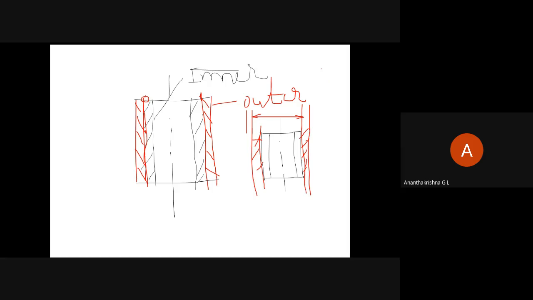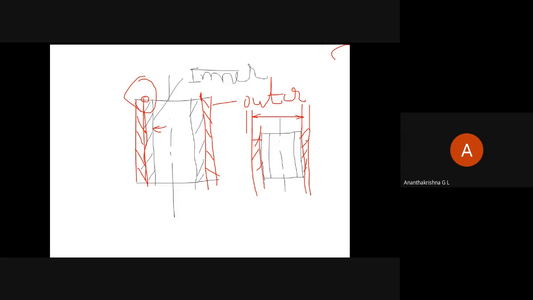In such a case, you will have stresses here. The stresses will be the tangential stress at the inner surface of the inner cylinder, because of fluid pressure. Then the tangential stress at the outer surface of the inner cylinder, that is at this junction.